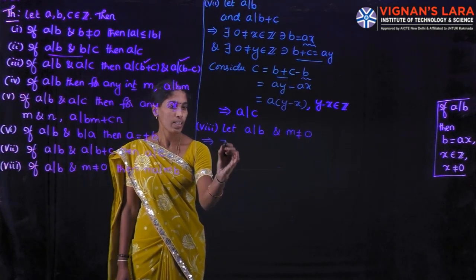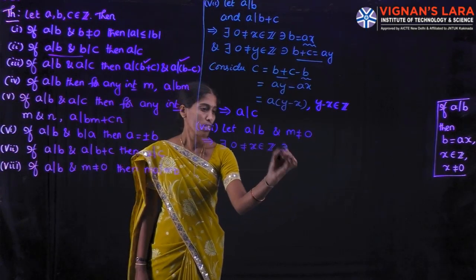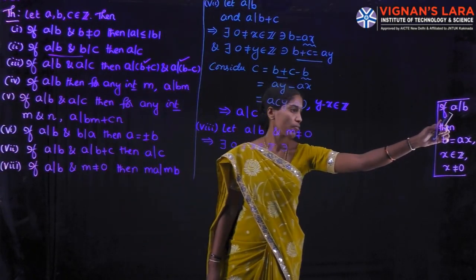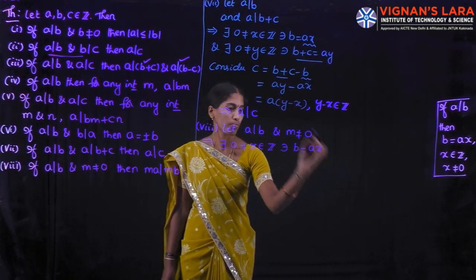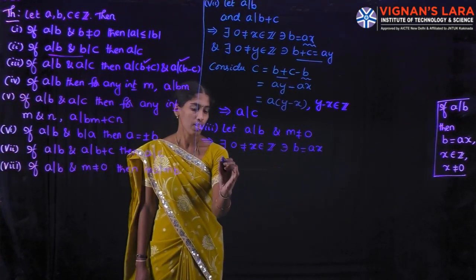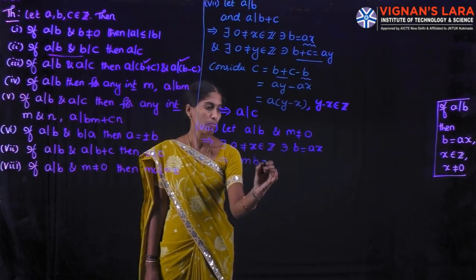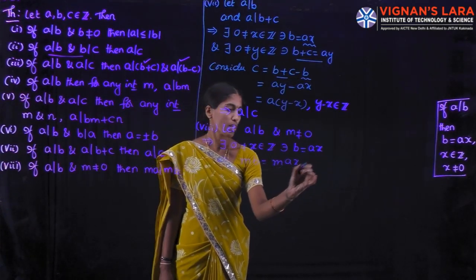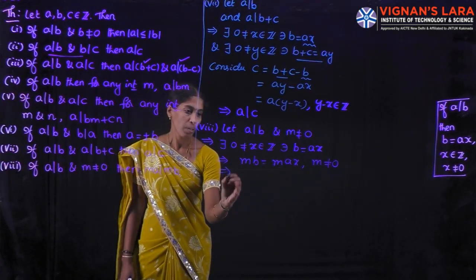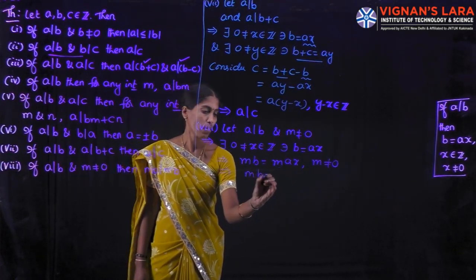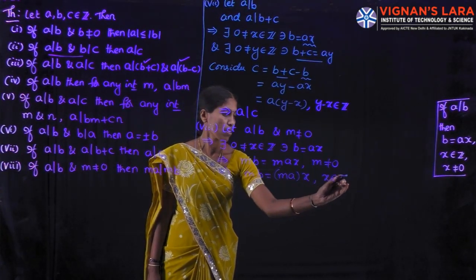Since A divides B, by using the definition of A divides B, there exists a non-zero integer x such that B is equal to AX. This implies, multiplying on both sides by M, because M is a non-zero integer, which can be written as MB is equal to MA into X, where X is a non-zero integer.